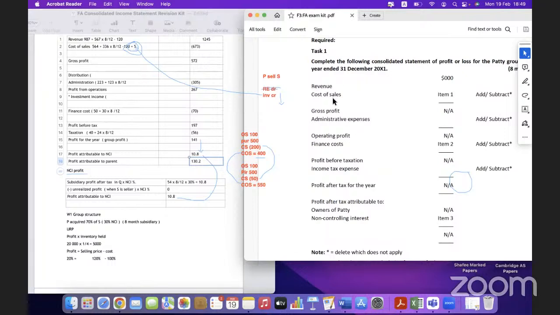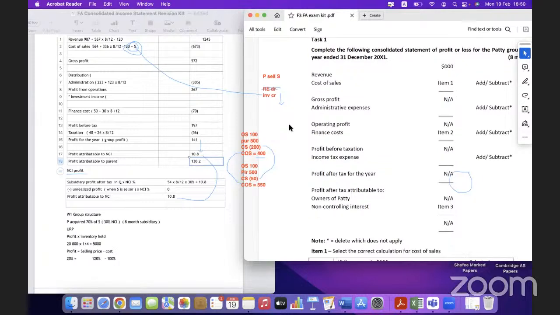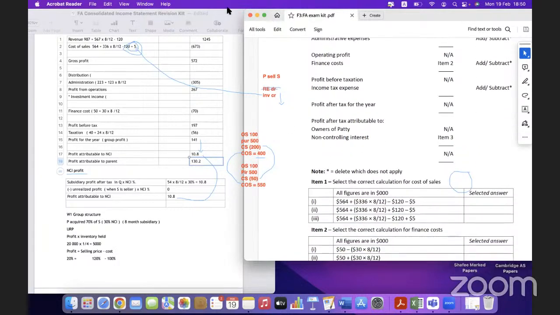Now, guys, next question, cost of sale, item number 1. So, let's look at item number 1. They are asking the working. Now, guys, see 564 plus 336 into 8 over 12 minus 120. Then that is this one minus 120 plus 5.